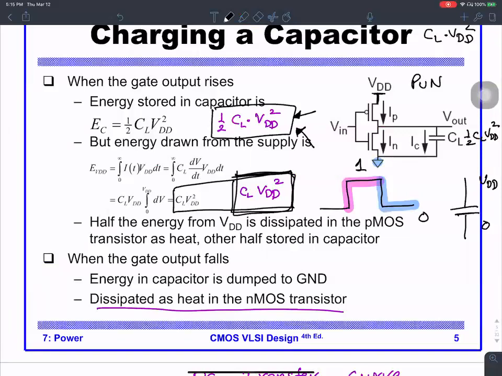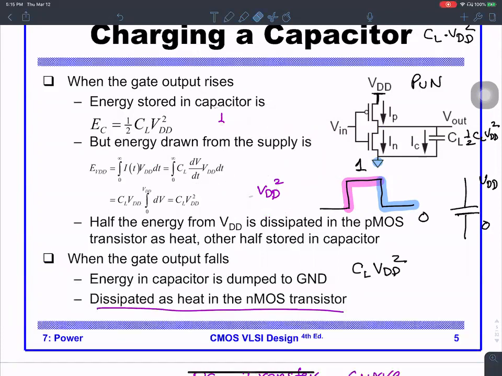If you think of this as one complete cycle, a total of CL VDD squared is the total energy drawn from the power supply. So that's the energy drawn from the power supply, CL times VDD squared. And this happens only during the charging phase when the pull-up network is active.